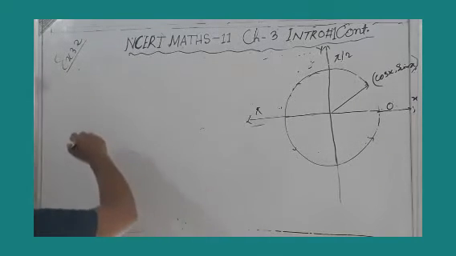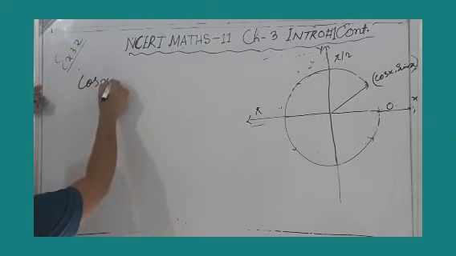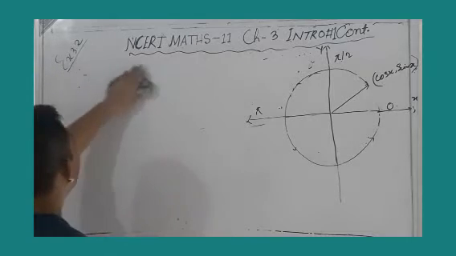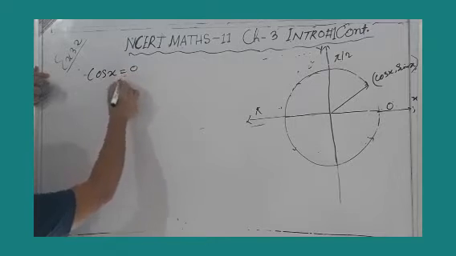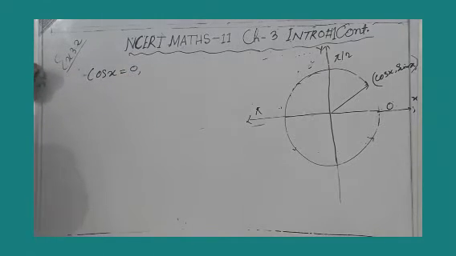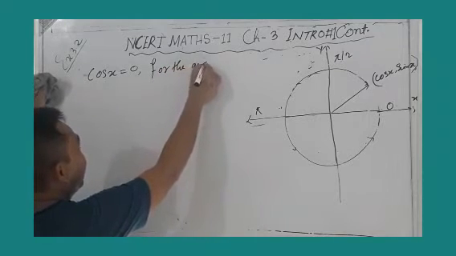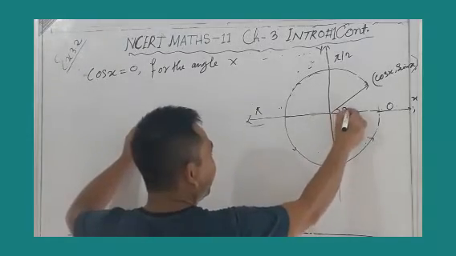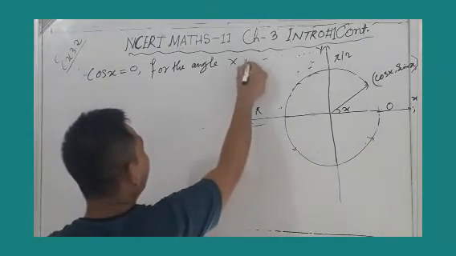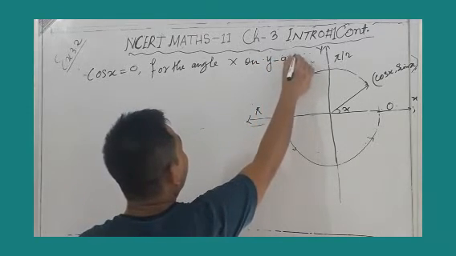So cos x equals 0. For the angle x, suppose this is the angle, where it lies on the y axis.